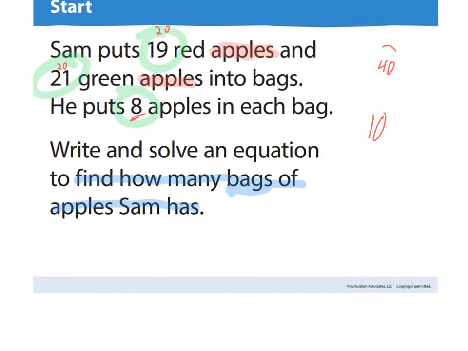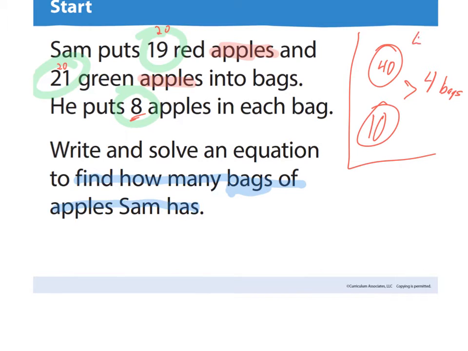So if he's got 40 apples and he puts them into groups of 10, he's going to end up with about 4 bags. And that's just a rough estimate. It's going to be close to 4.